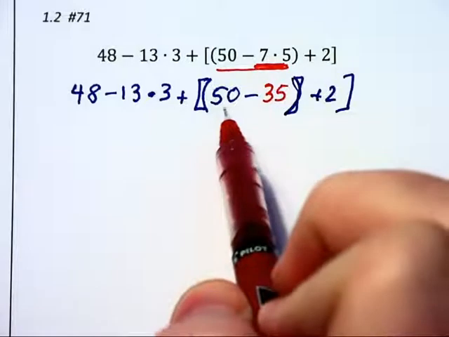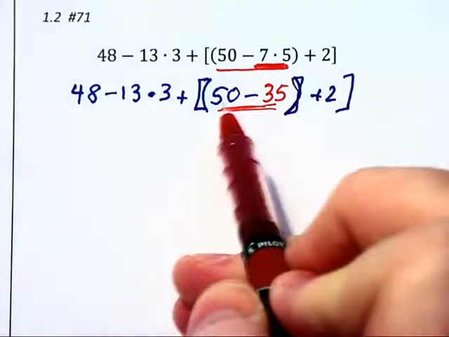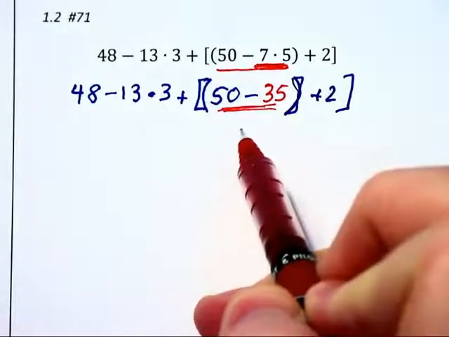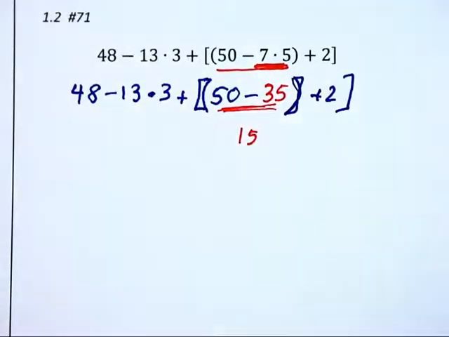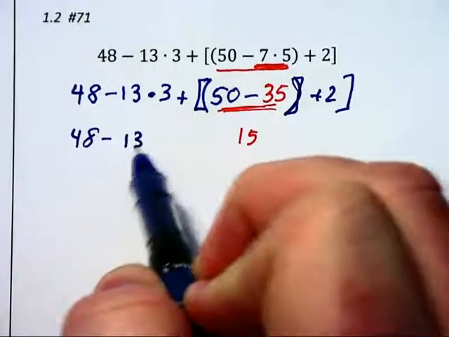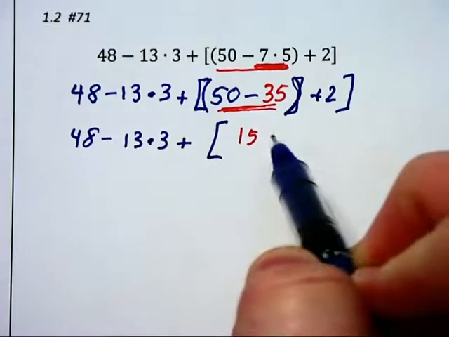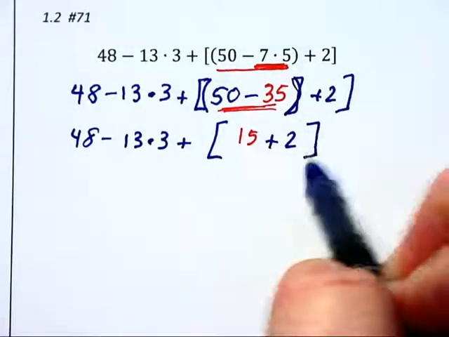Still working within the parentheses, we want to do that subtraction. 35 from 50 gives us 15. So we now have 48 minus 13 times 3 plus 15 plus 2 inside that bracket.